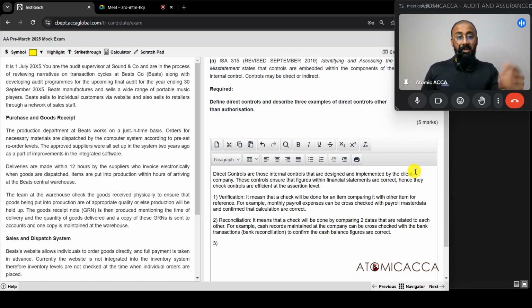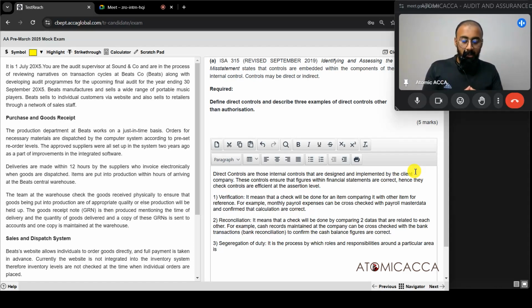Then we gave an example of segregation of duty. What does segregation mean? You're dividing the roles between different people. Segregation of duty is the process by which roles and responsibilities around a particular area are divided between different employees.